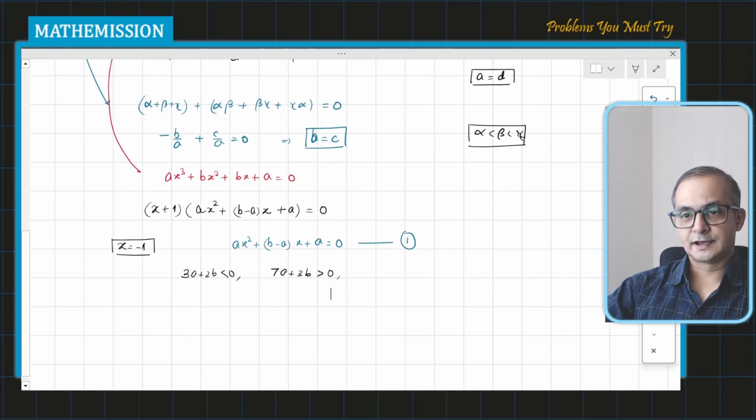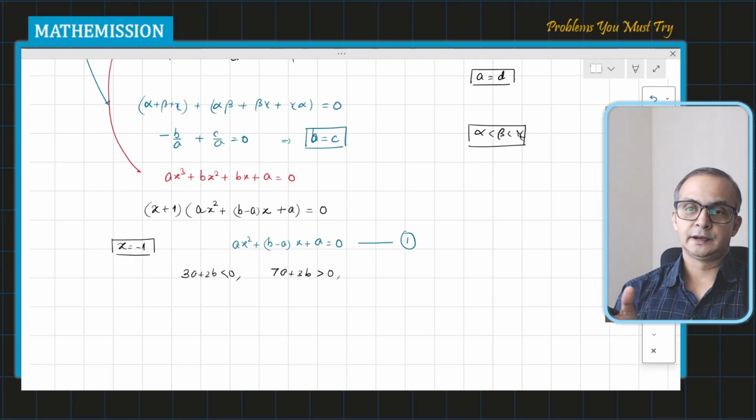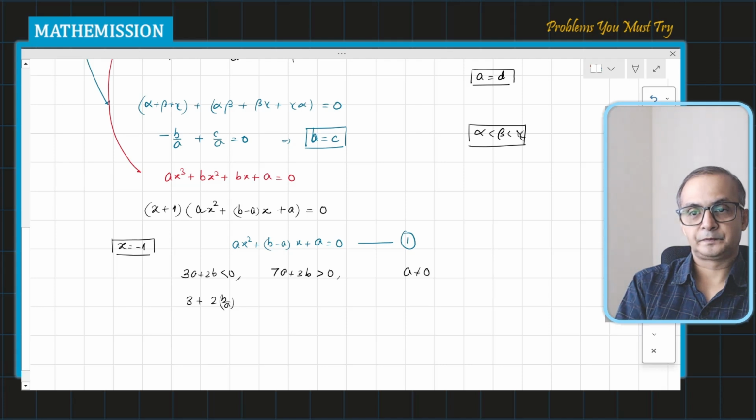Now notice what I want to do. Here of course I can find a relation between a and b by taking the ratio of b and a. Since a is not equal to 0, you can divide the entire inequality by a. So this will give you 3 plus 2b by a lesser than 0.